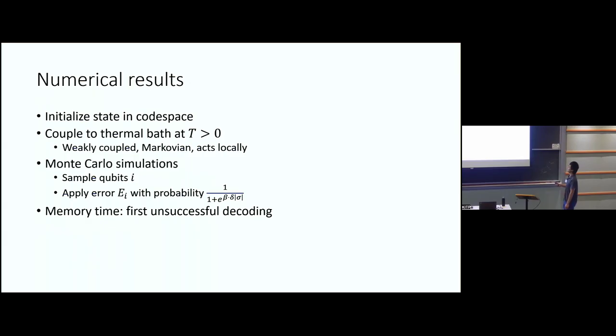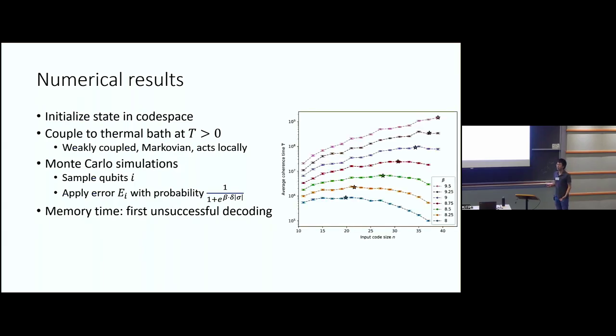Operationally, we sample qubit i and apply the error e_i with probability related to whether it's increasing or decreasing the energy. We repeatedly do this process and repeatedly try to decode to see if we still have the memory alive. The memory time is the first time that the code cannot be decoded.